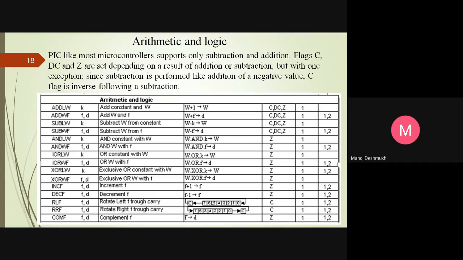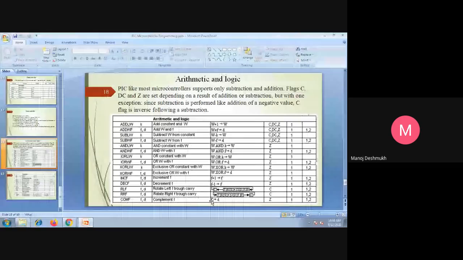Whatever the content belongs to C, it will be automatically overwritten by the content, suppose D7 or D6 like that. So your observing bit is carry, but the status of carry before that operation is not identified. We see one example like this.